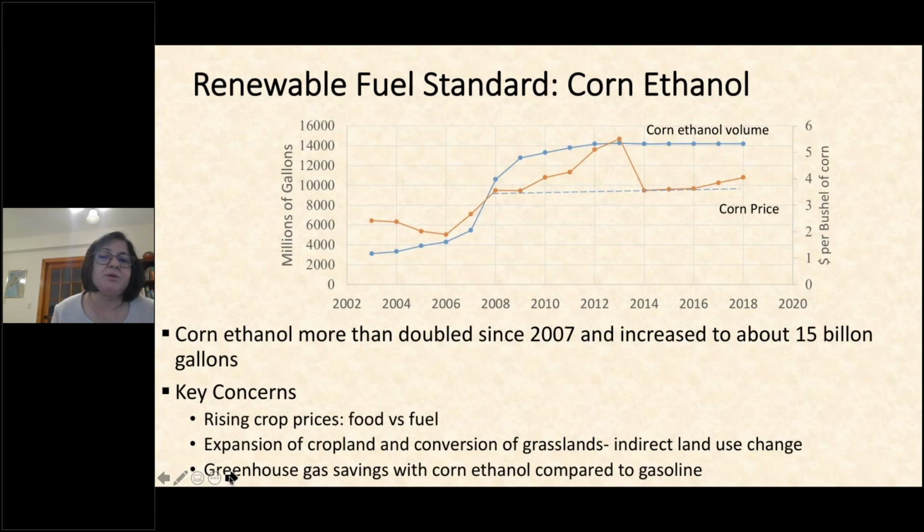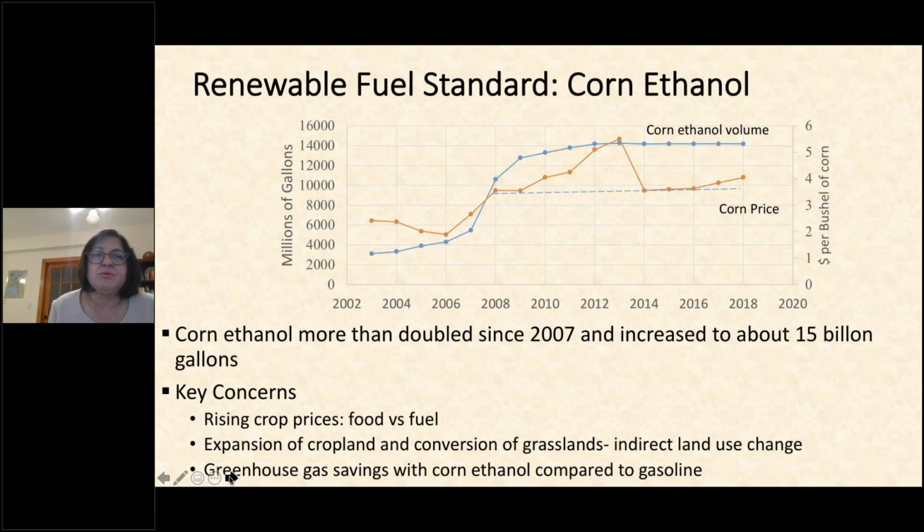And a major policy driver that really stimulated biofuel production was the Renewable Fuel Standard in 2007, that has been responsible for more than doubling the amount of corn ethanol that is now produced in the U.S., from about 6 billion gallons in the mid 2000s to close to 15 billion gallons currently. And as you can see, the blue graph shows that that production has really ramped up.